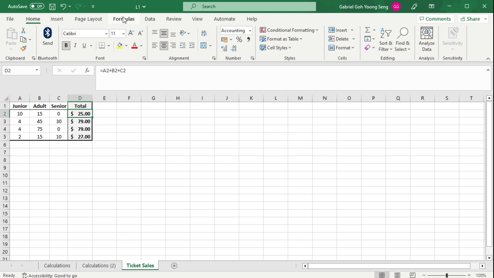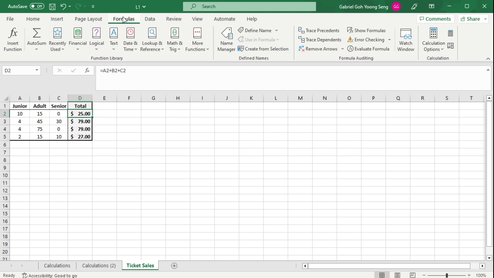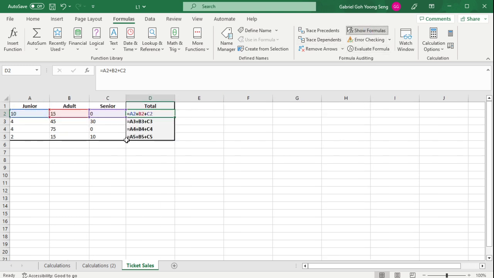So what you do is you go to the Formulas tab, under the Formula Auditing group, you see Show Formulas. If you click on that, you'll be able to see each cell that has a formula shown as the formula. As long as this is activated, you'll be able to see. Of course, you can also use the shortcut Control apostrophe, I guess.